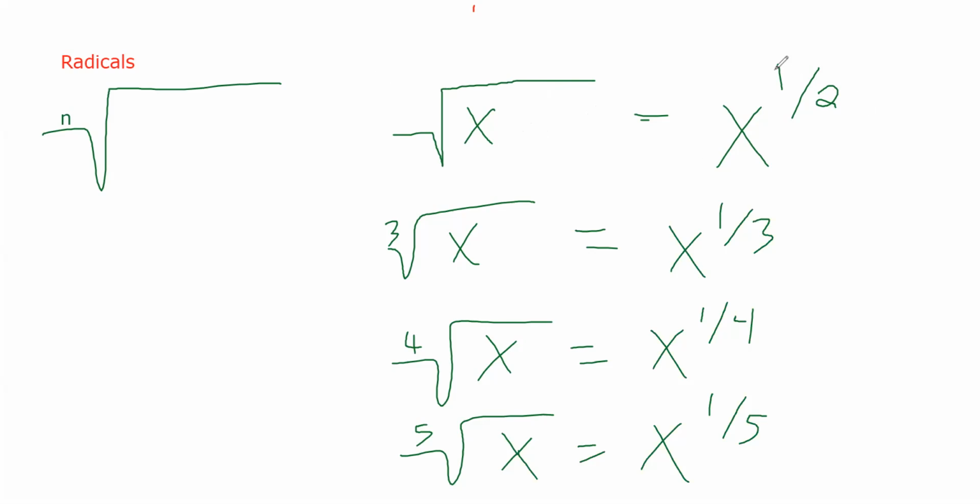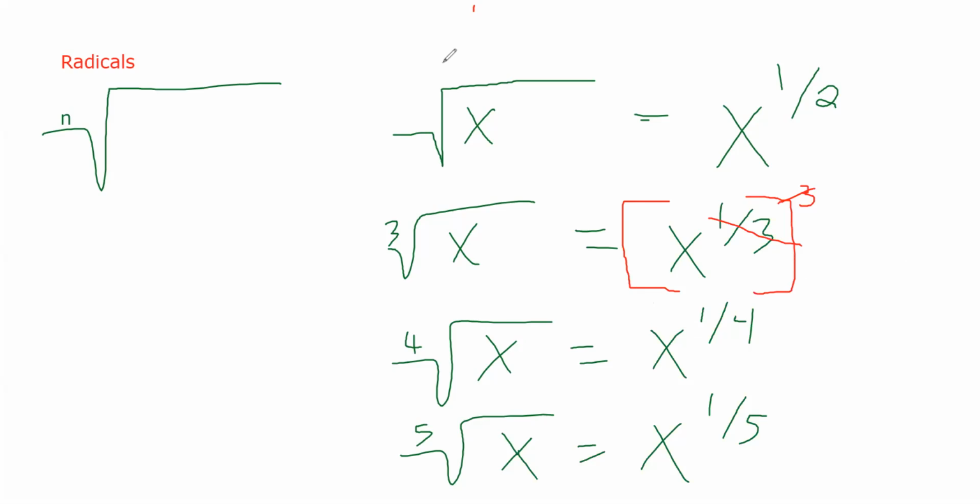Namely, if you have a 1/2 power, in order to get rid of it, you need to square both sides of your equation. Or over here, if you have a 1/3 power, you're going to need to cube both sides of your equation, so that the 1/3 and the 3 cancel out and you're just left with x by itself.